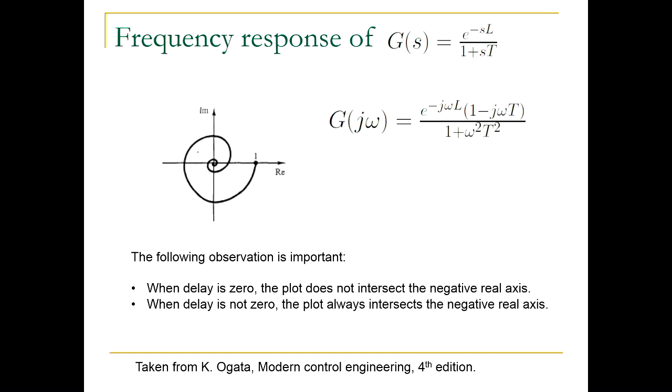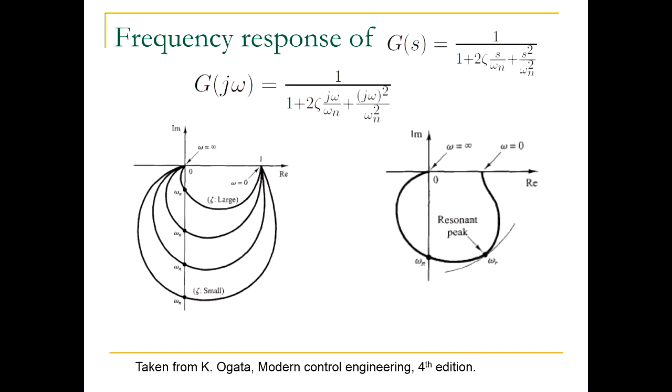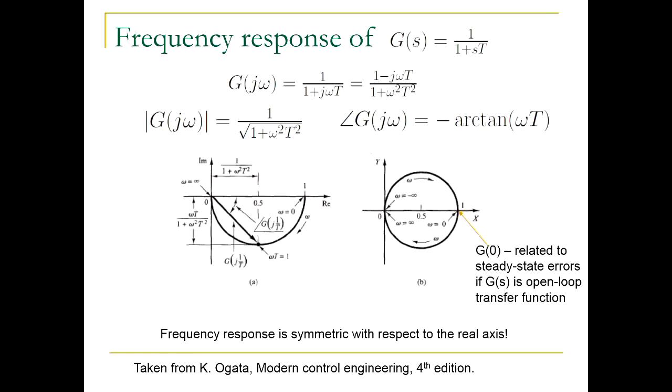But what's different between this frequency response and the original one? This frequency response intersects the negative real axis in this diagram, whereas the original response does not go to the right half plane of this plane, right? So introducing even a little bit of delay means the frequency response will go this way, and it will start circling around.